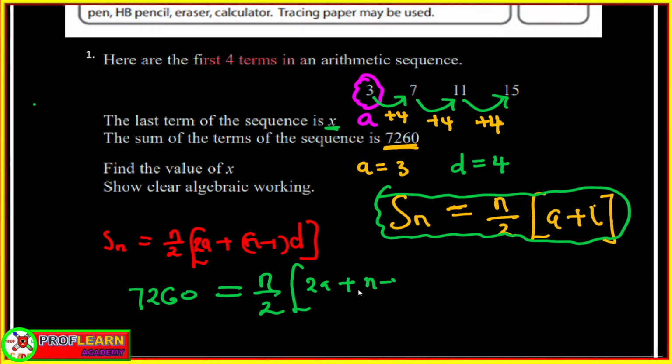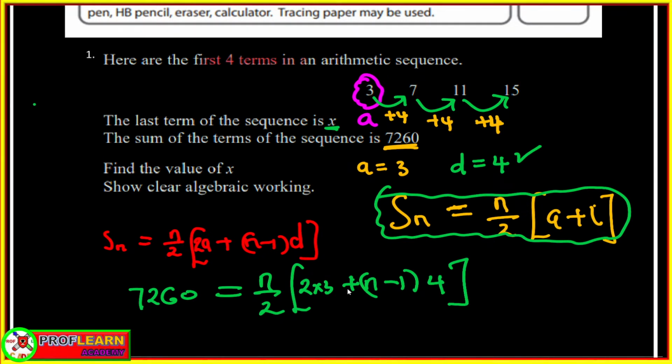Now, in this case, our a is actually the first term, which is 3. So it will be 2 times 3 plus n minus 1. And our common difference we had said is 4 in this case.